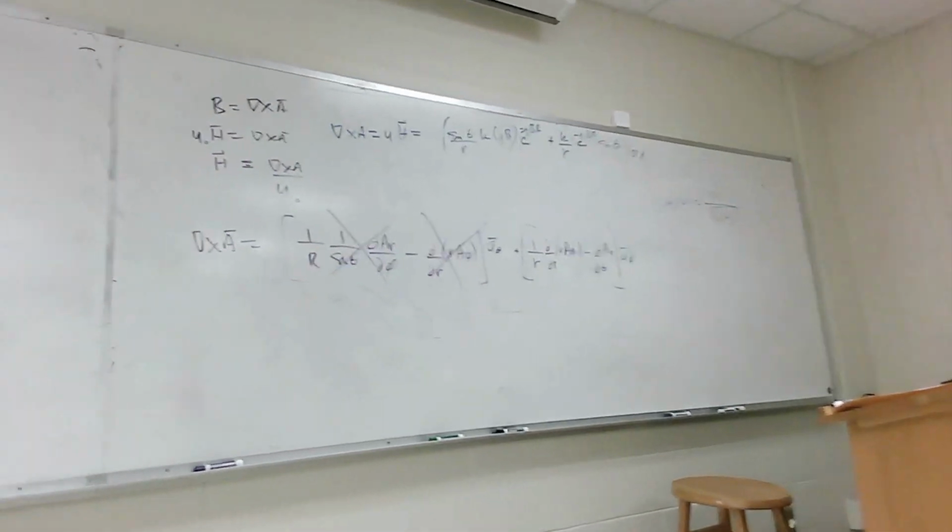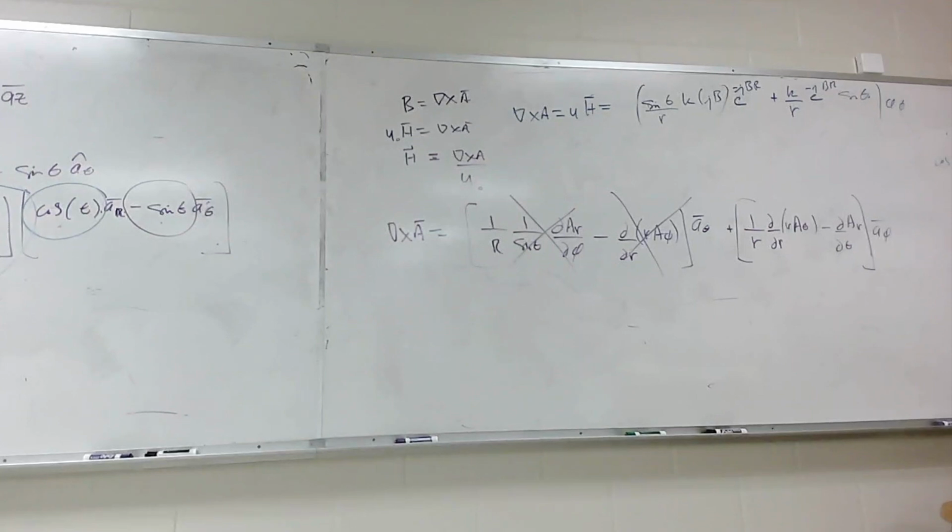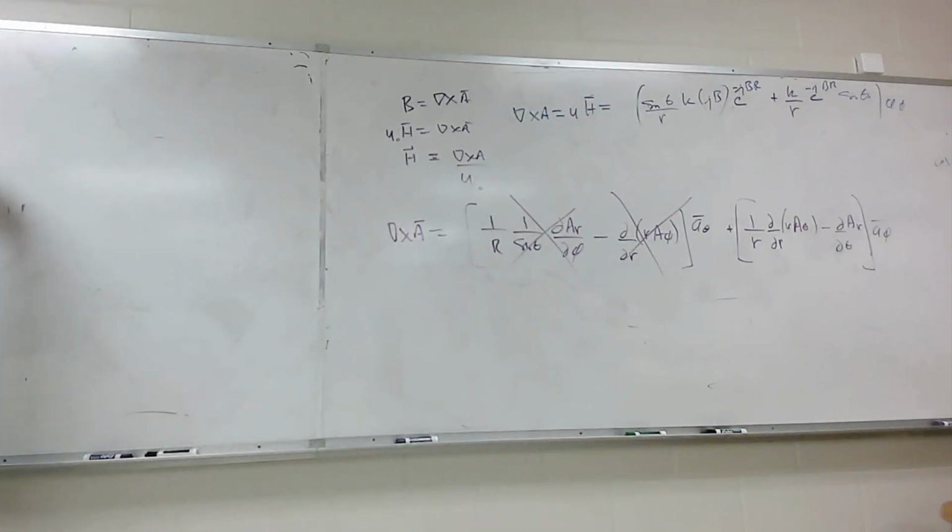But let me just tell you that it should have popped up with a 1 over r squared somewhere in there. I think I might have stated the curl wrong. It may be wrong in the back of this book, now that I think about that.